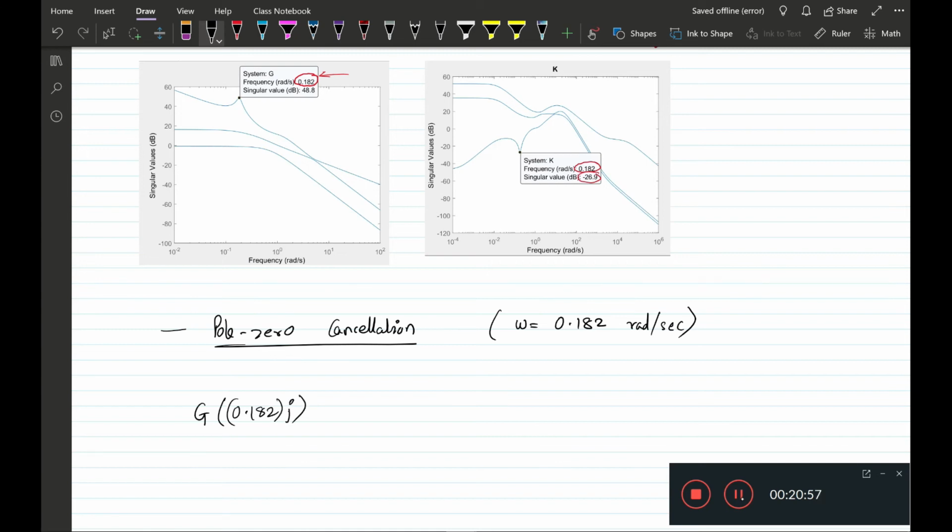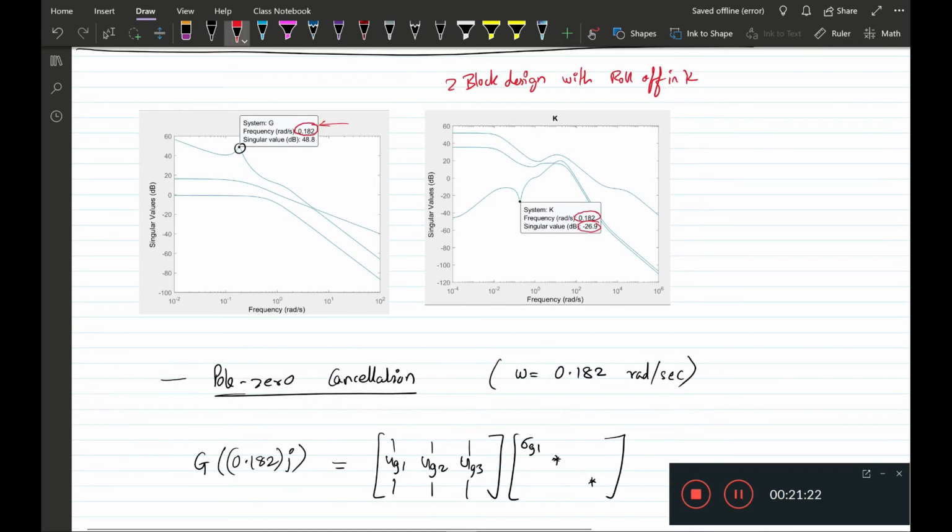by using the FREQRESP command, and doing an SVD, a singular value decomposition of G, to obtain these vectors and the singular values. So what we want to get is the input and output singular vectors corresponding to the largest singular value here and to the lowest singular value here.